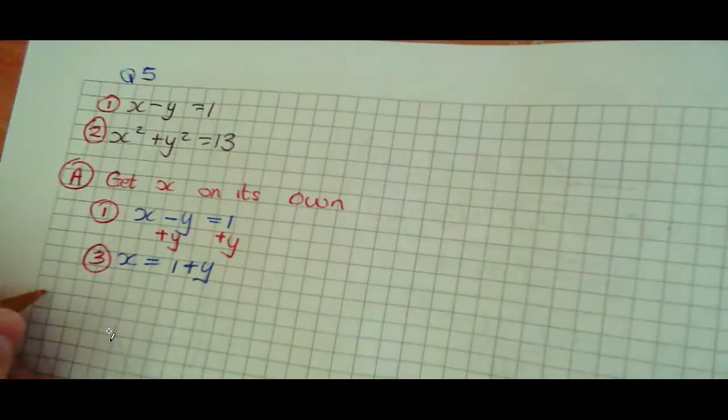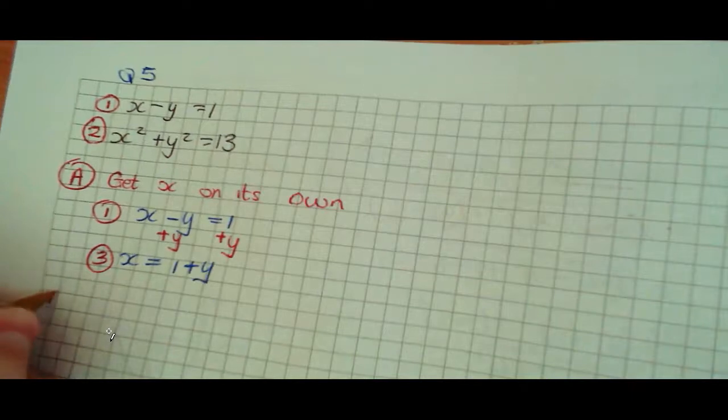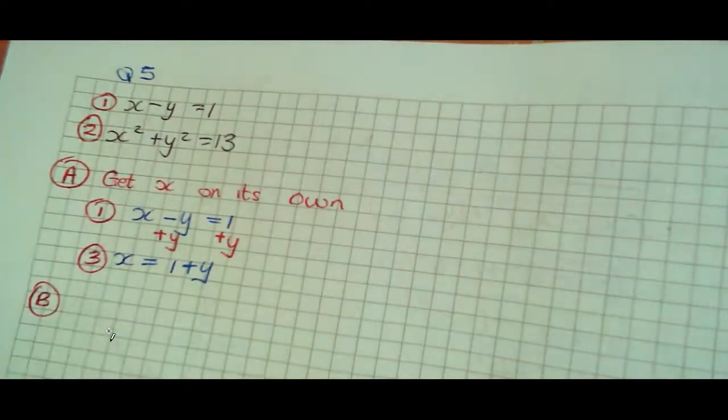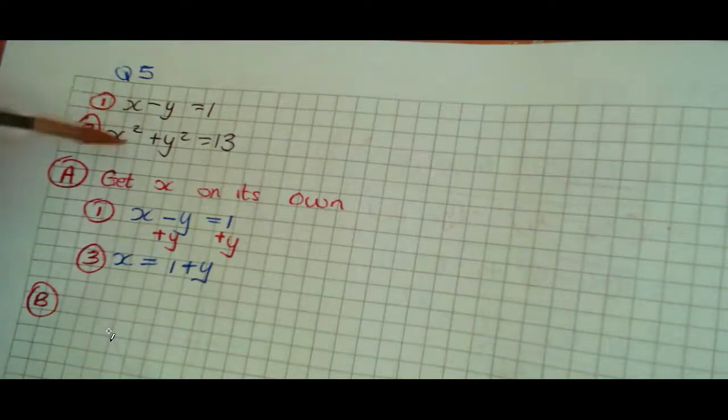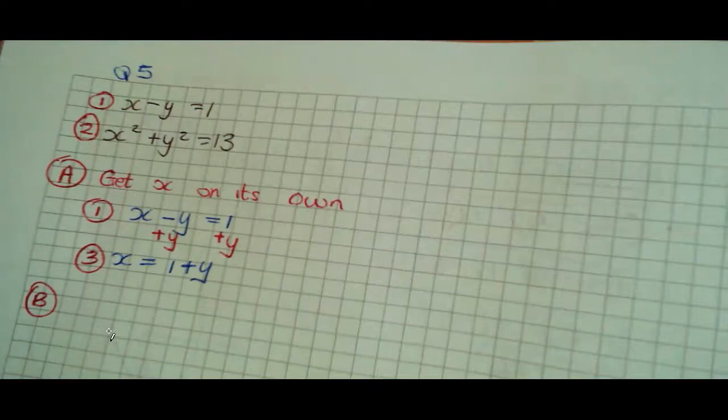I need to solve for x and y. When these two equations are equal, that's when the point of intersection is. So that's essentially what we're trying to do, find when these two equations are equal. I've rearranged equation 1 to get x on its own, and now I'm going to sub in for x into equation 2.